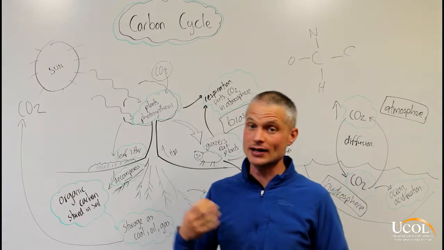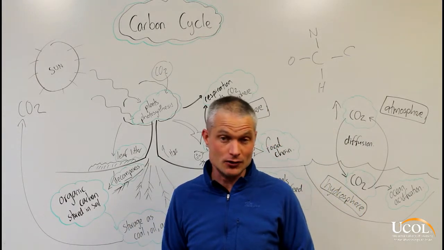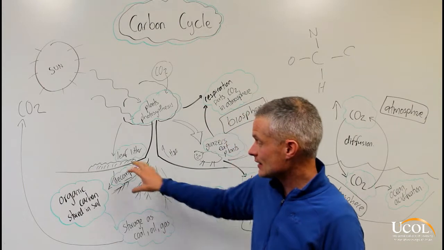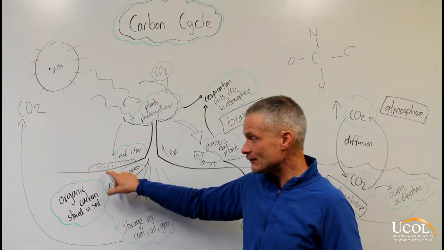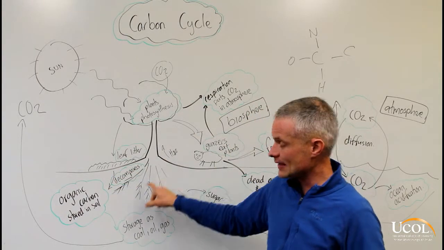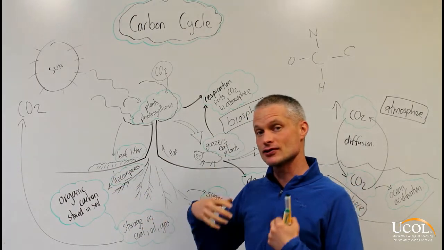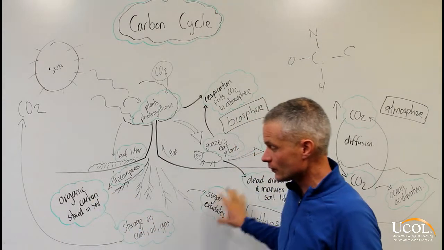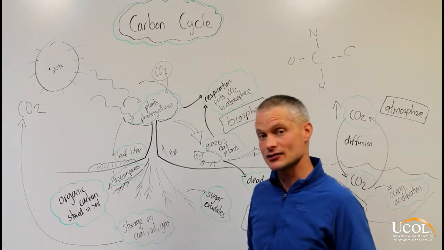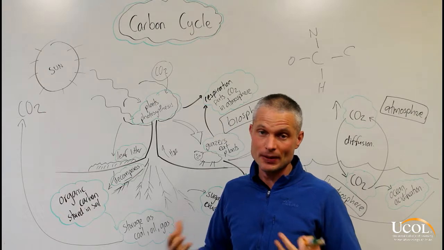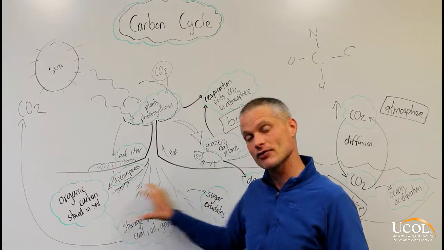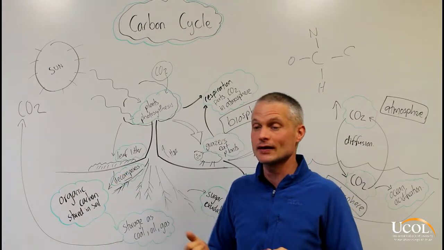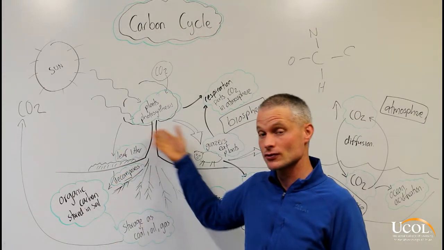And as far as the productivity of agricultural systems go, that's particularly this part here. It's where the leaf litter and manures and the exudates from plants provide a source of carbon to feed the soil. And what we're really trying to do is increase the health and abundance and diversity of the soil ecosystem, because the health of that system is going to support the productivity of our agricultural system.